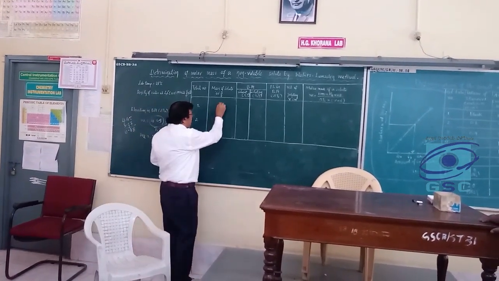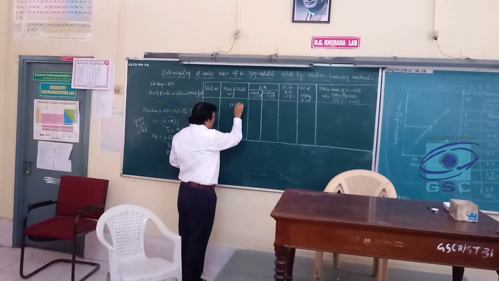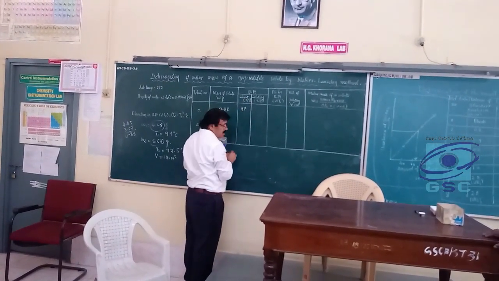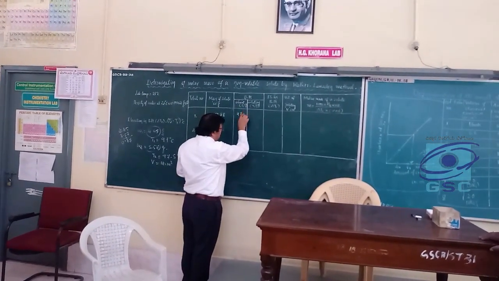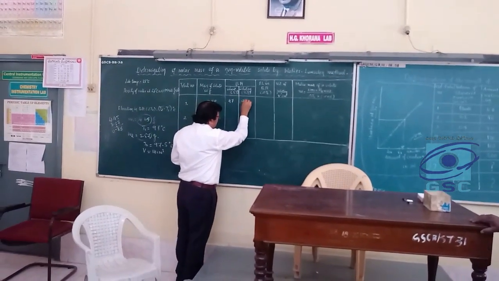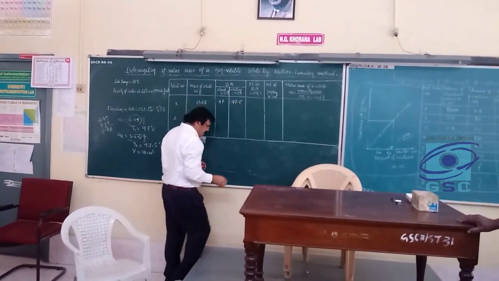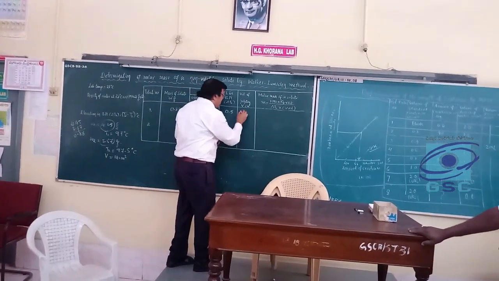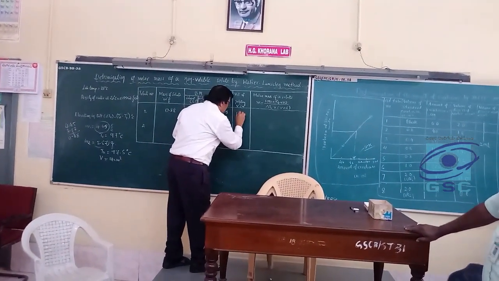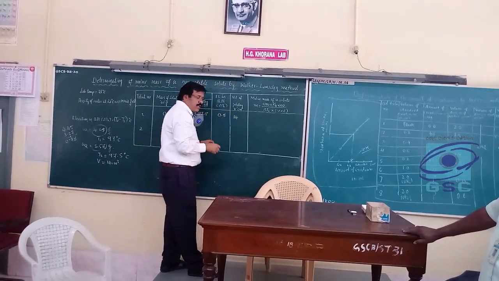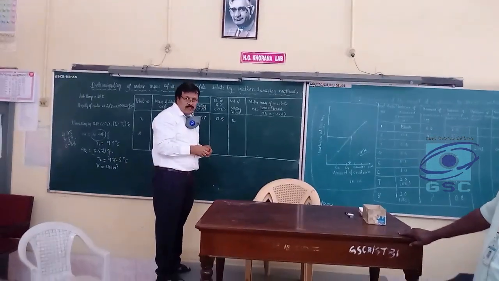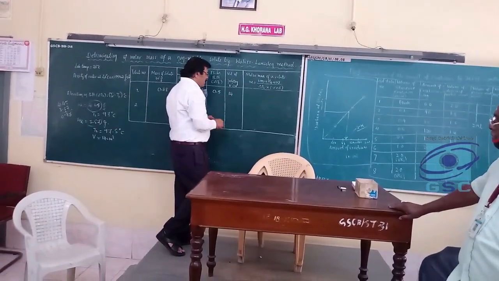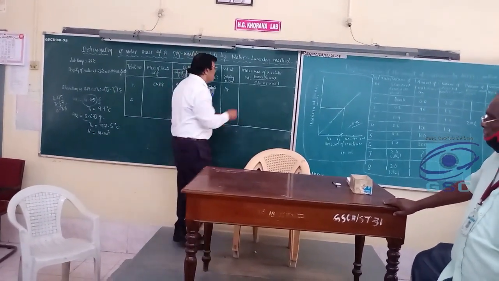The amount of solute taken for the experiment is 0.88 grams, and the boiling point of solvent is found to be 97 degrees Celsius, whereas for solution it is 97.5 degrees Celsius, and the difference in boiling point is 0.5 degree. Then the volume of solution is between 13 and 14 ml, but quite near to 14 ml. You have to note it as 14 cm3.